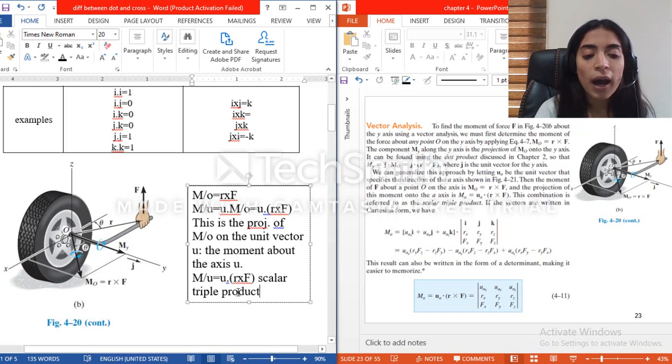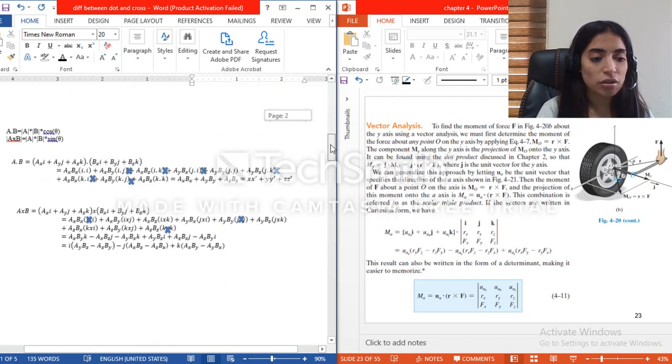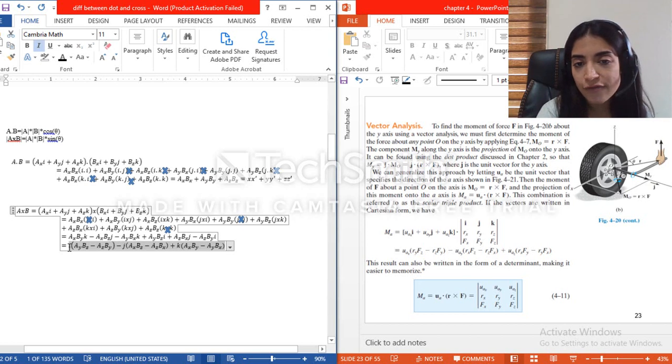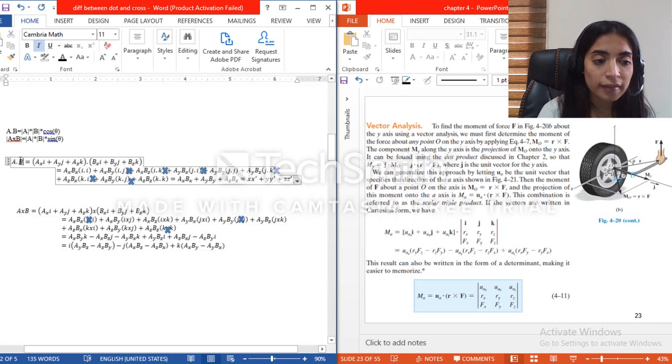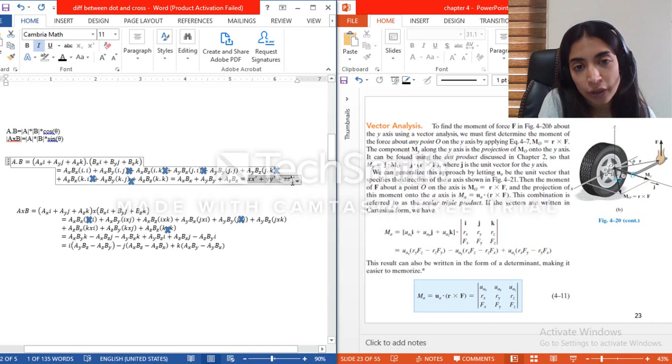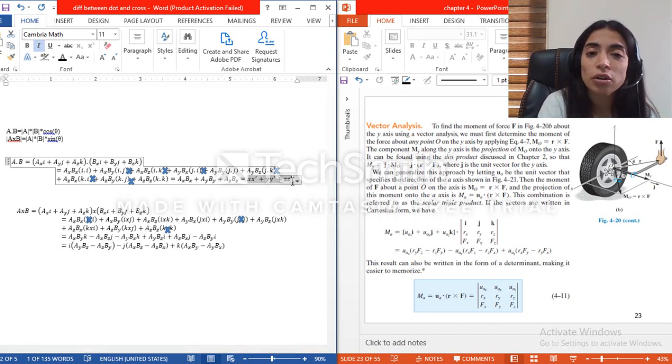I know that R cross F could be found using the matrix or using this equation that we have proved in previous video. So this is a cross b or R cross F, or the cross product of any two vectors. And I know that the dot product is xx prime plus yy prime plus zz prime, which is basically the sum of the product of the coordinates of the vectors a and b.